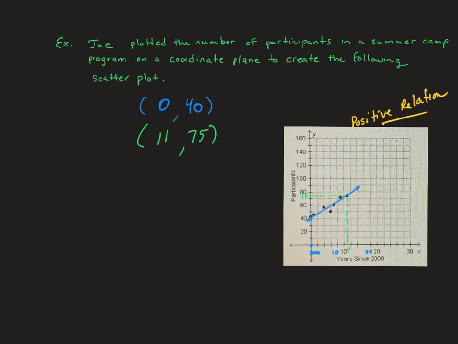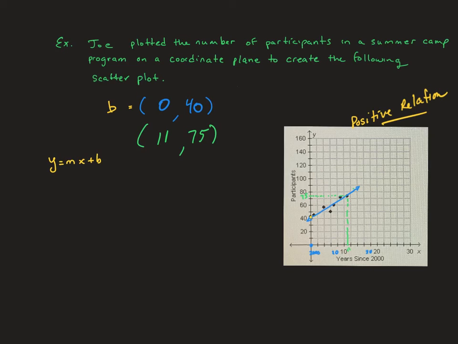And this is adding to the information. In order to create an equation of a line, I'm going to use slope-intercept form: y equals mx plus b. And we already have b. B is going to be (0, 40). That is my y-intercept.